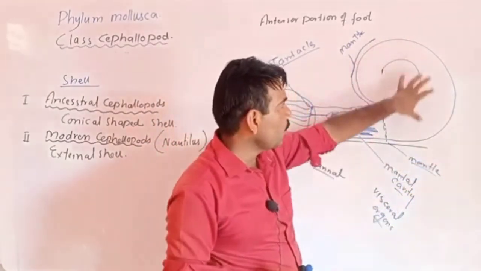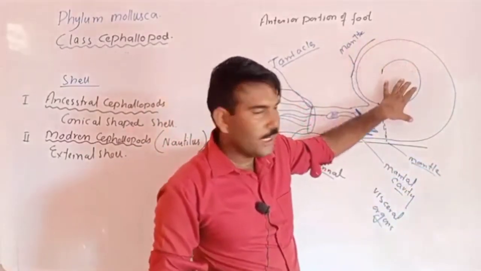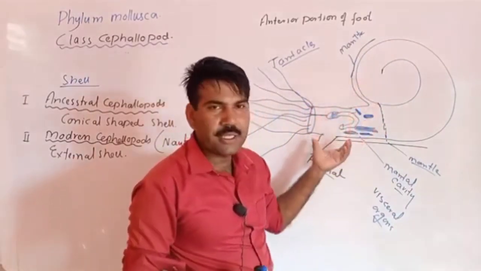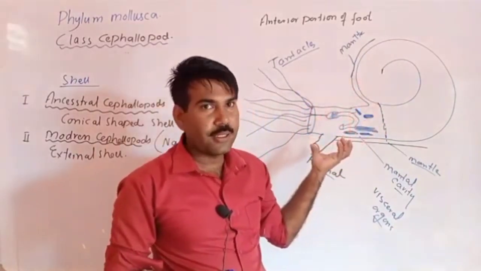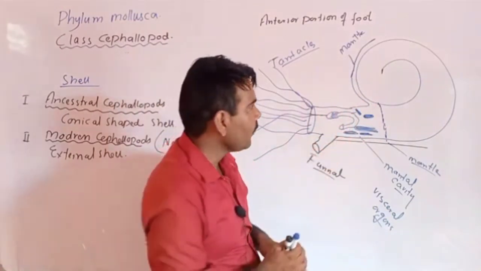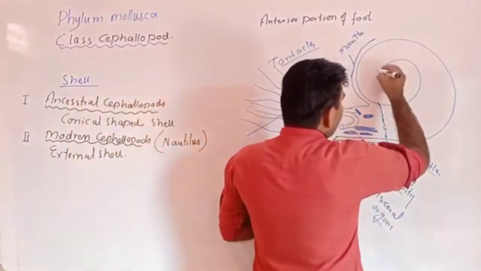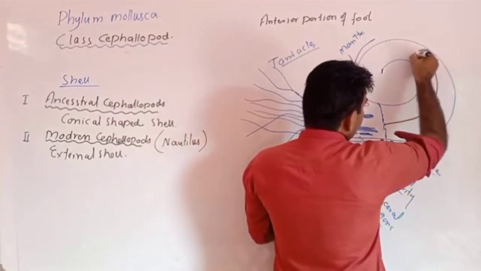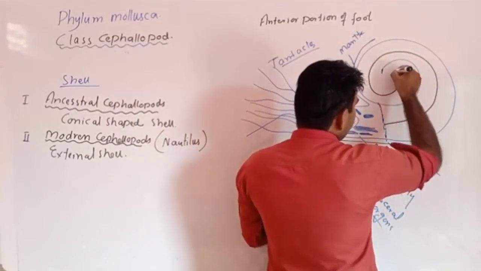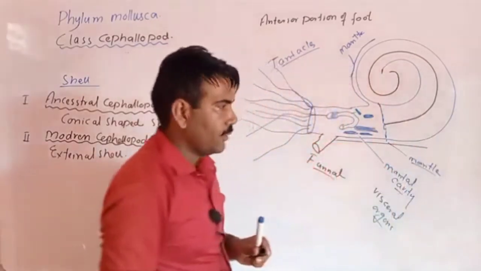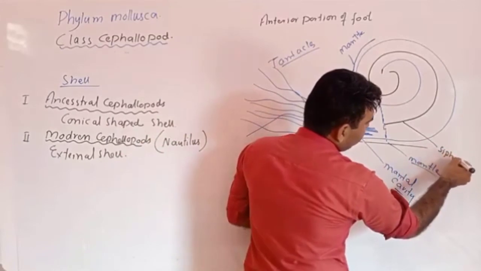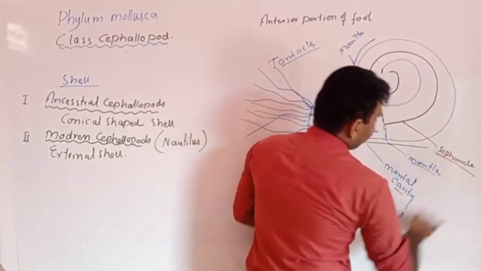It means this whole portion is occupied by the shell, and from here up to here this whole portion is mantle cavity, and this mantle cavity contains the internal body organs. So here the structure is present, this one, and this structure is known as siphuncle. I can write here siphuncle.